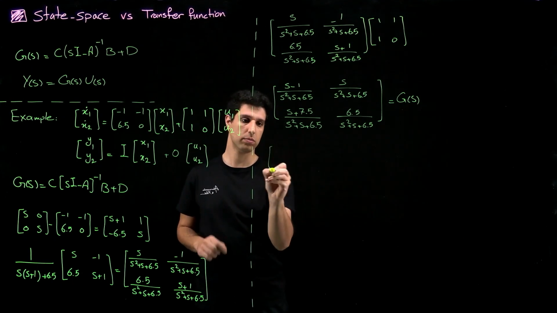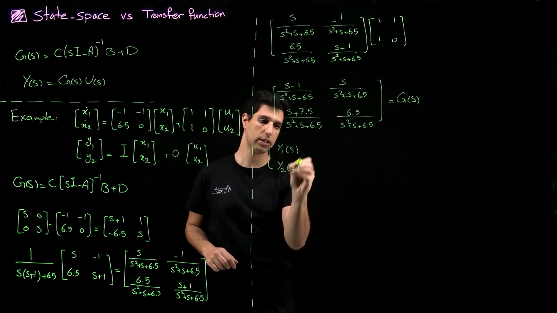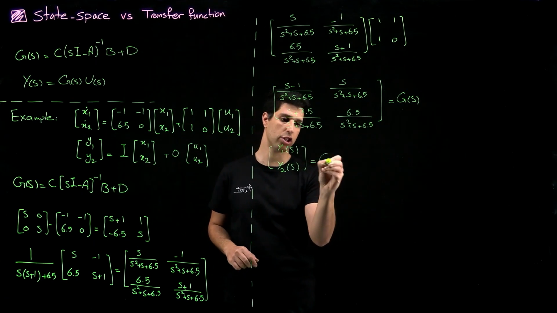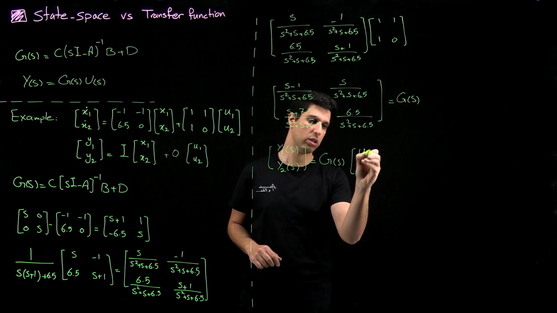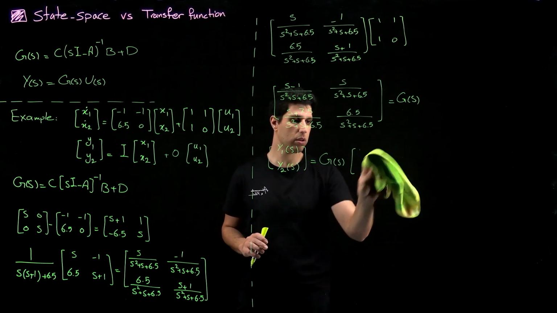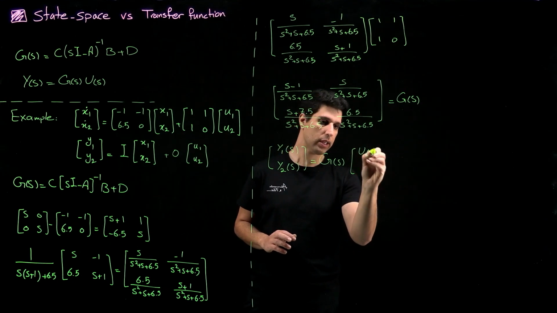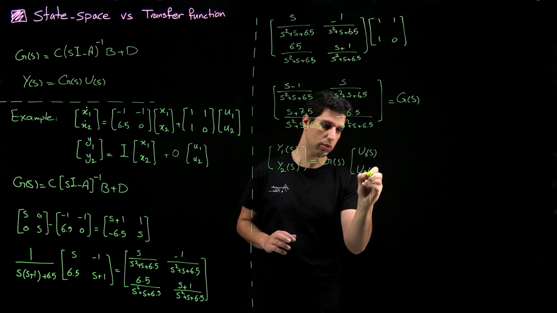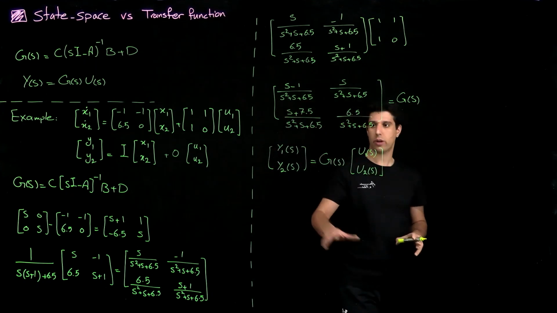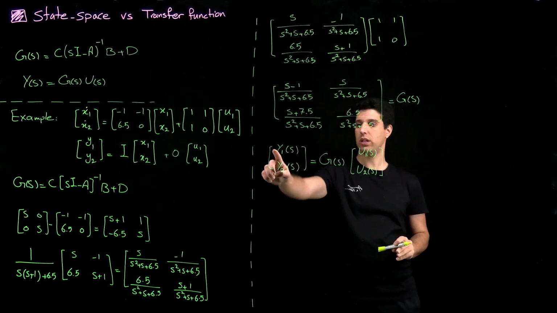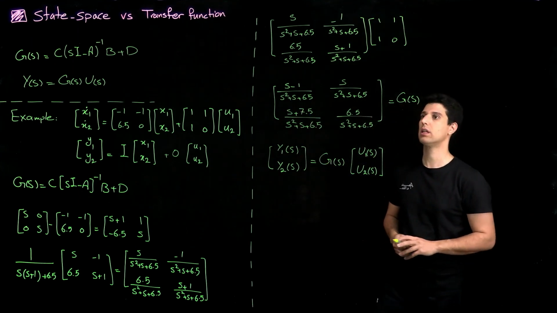So Y1 of S, Y2 of S equals this G of S, times U1 of S, U2 of S. That's it. Okay, now I have the relationship between individual Y's and individual U's through this transfer matrix.